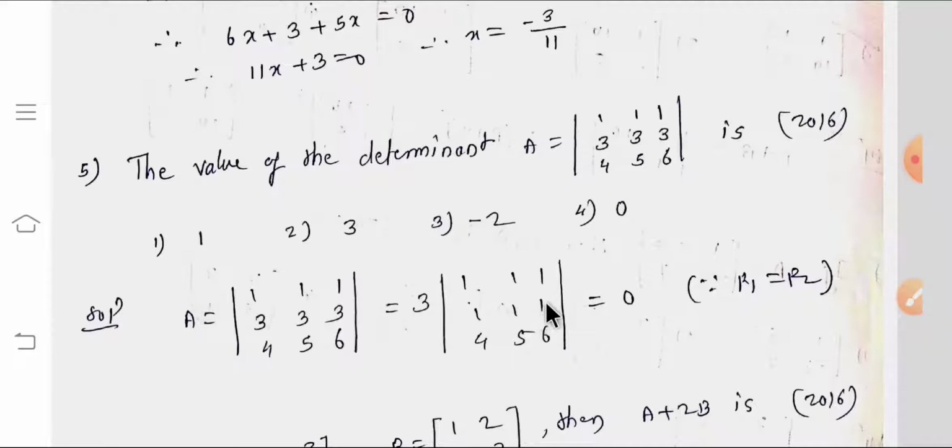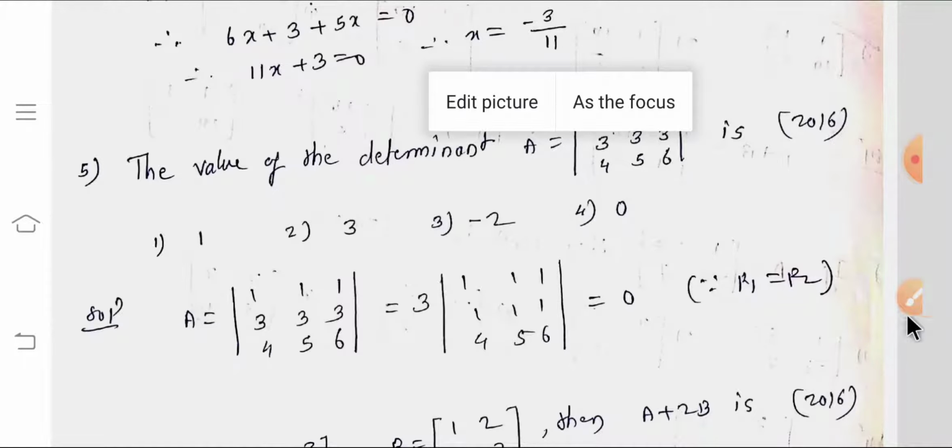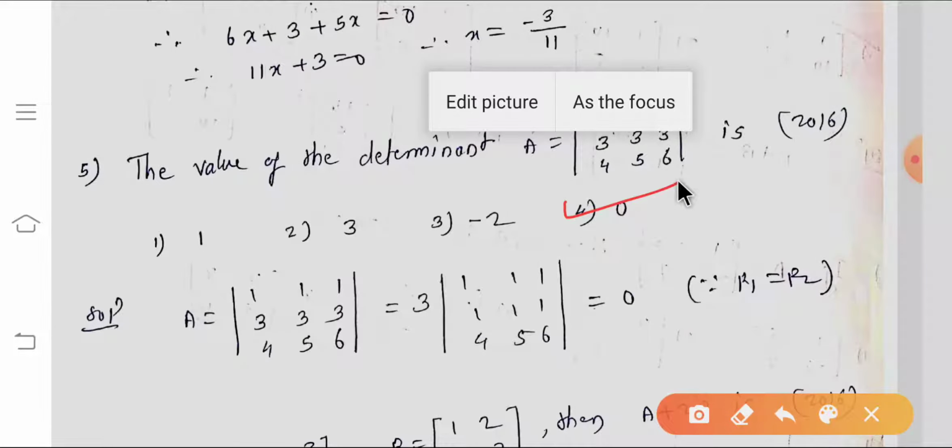Now I write the value directly as 0, because the first two rows are identical, R1 and R2 being the same. By the property of determinants the value should be 0, so the correct option is option 4, that is 0.